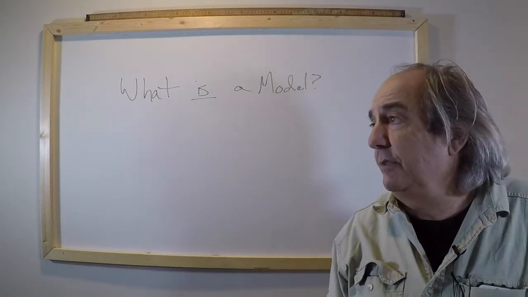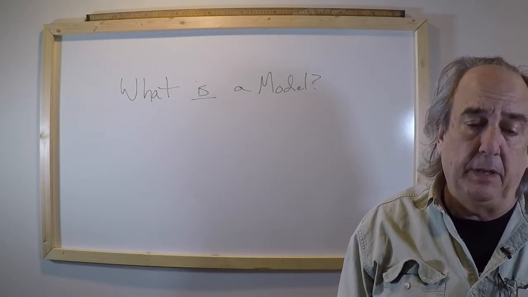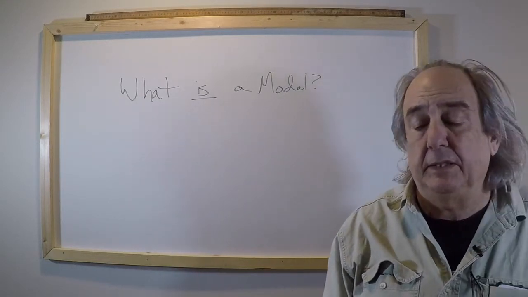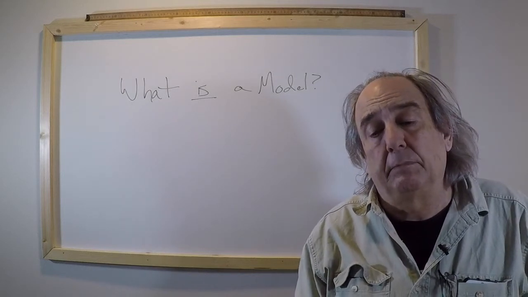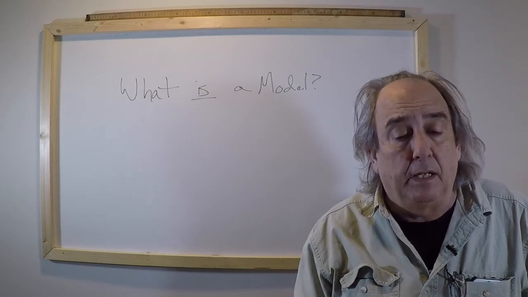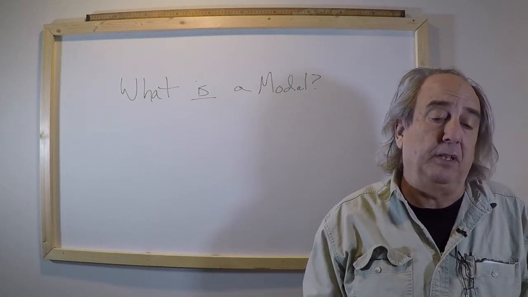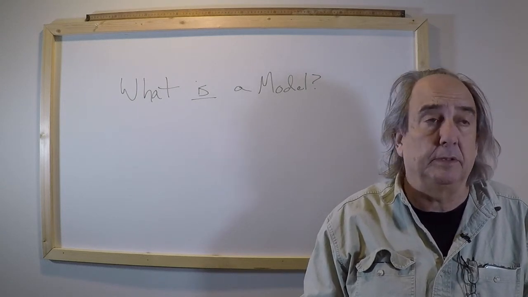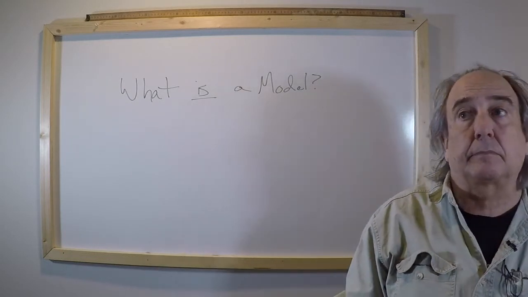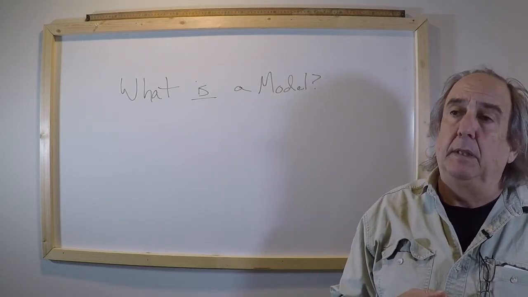I was just thinking about what models we carry around in our heads, but in the context of the previous video, prior to Copernicus, the model of the solar system and the universe at that time, for all intents and purposes, was that the Earth was stationary and sat still, and everything else revolved around it.